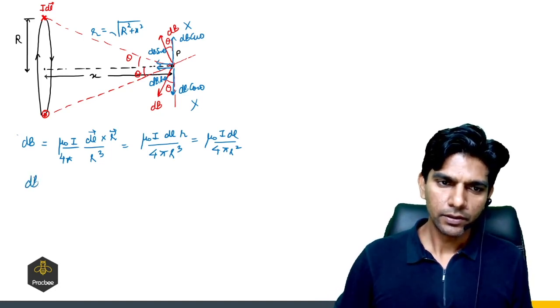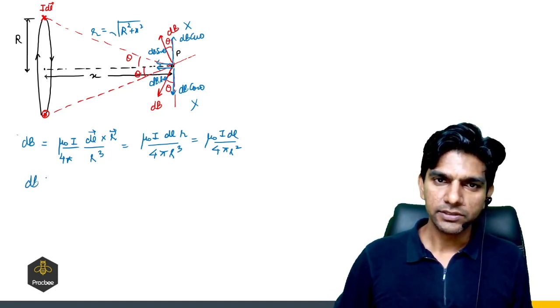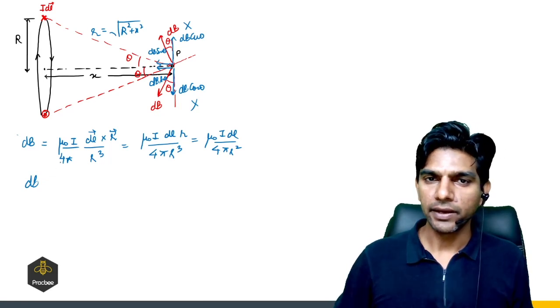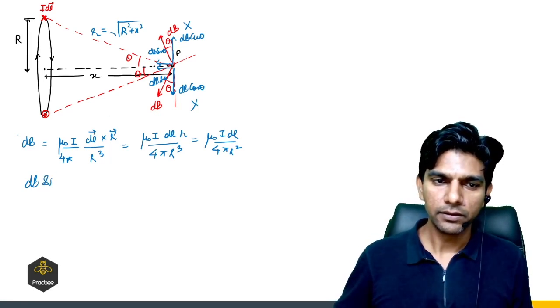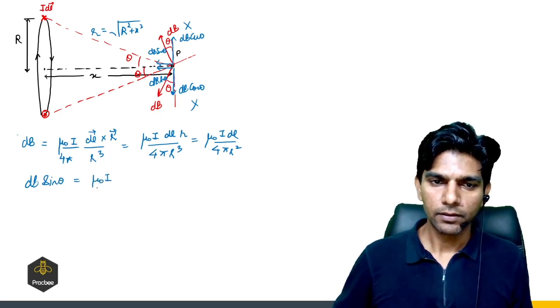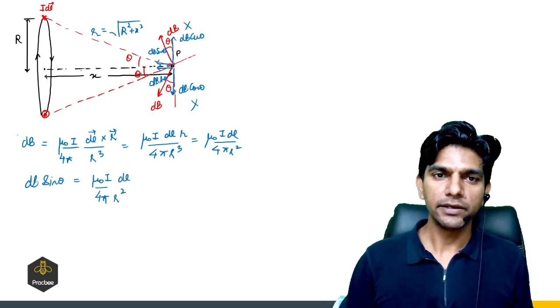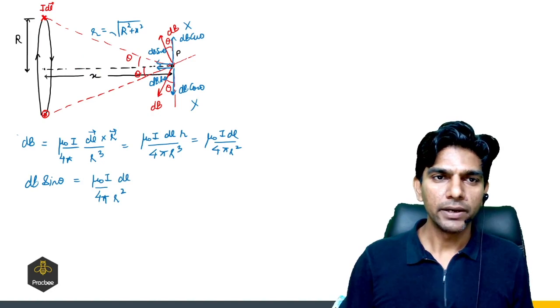So this is dB. So if I want to find the magnetic field at point P, we have to find the sin theta component. So this will be mu naught I dl upon 4 pi small r square and sin theta. And sin theta can be written as perpendicular upon hypotenuse.